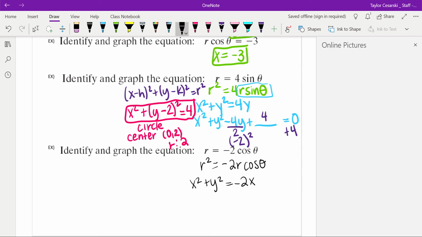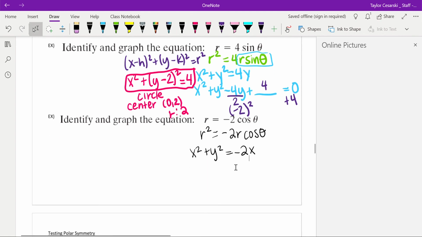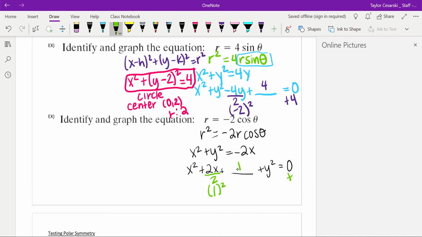Okay, so then I recognize that this is going to be a circle, so I'm going to move everything to the other side. So x squared plus 2x, I'm going to leave myself a little bit of room because I know I'm going to have to complete the square, equals 0. Okay, so divide by 2 is 1, squared is 1, add 1 to the other side. Remember, whatever you do to the left, you have to do to the right.